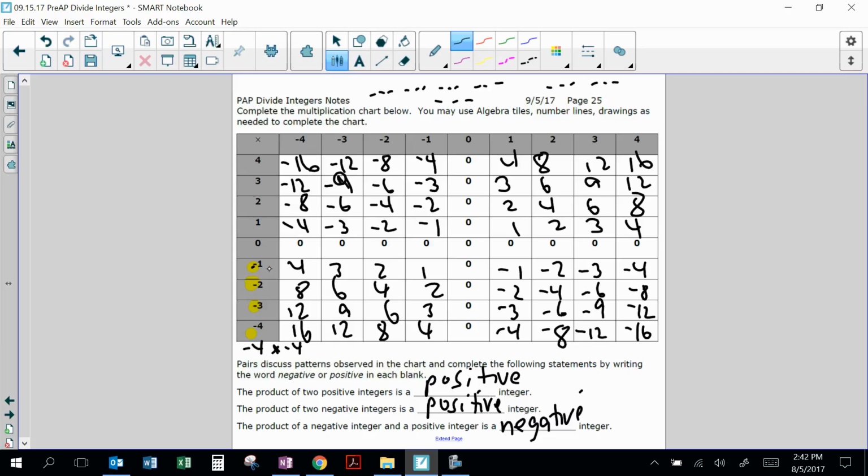When the signs are both negative, the answer will be positive because the opposite of a negative is positive. If you have a negative and positive, what's the opposite of a positive? A negative. So when you have a negative and positive, when the signs are different, the answer will be negative.